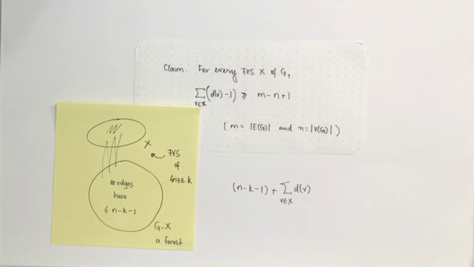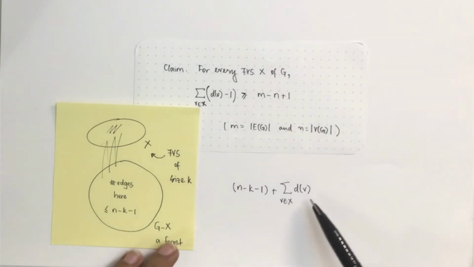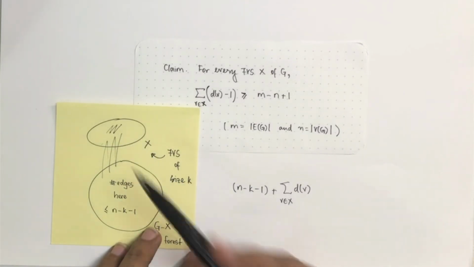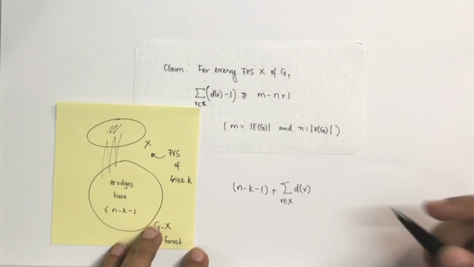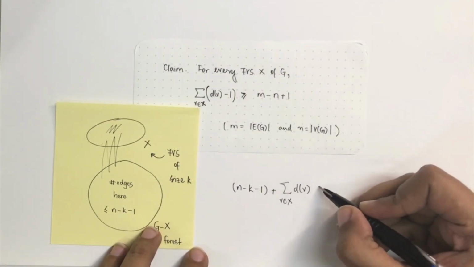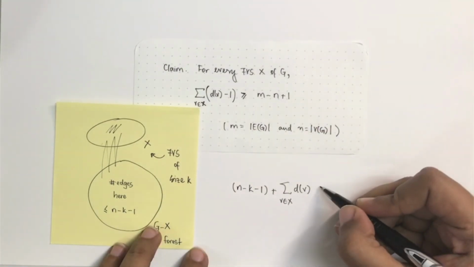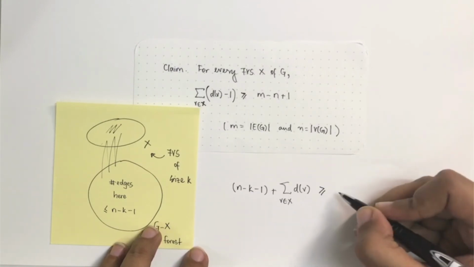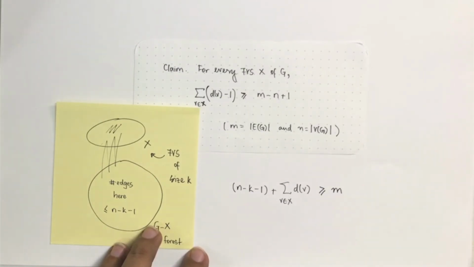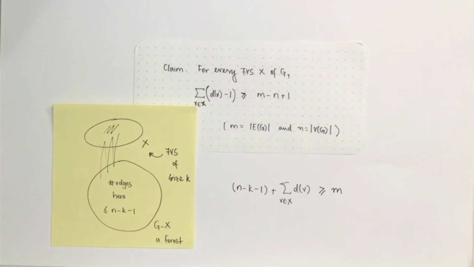So essentially every edge contributes at least one to the sum, but the sum of course is going to be potentially a little more than the number of edges in the graph, especially if the FVS is non-empty in the sense that it has some edges inside it. So certainly this is a lower bound for the total number of edges in the graph G.